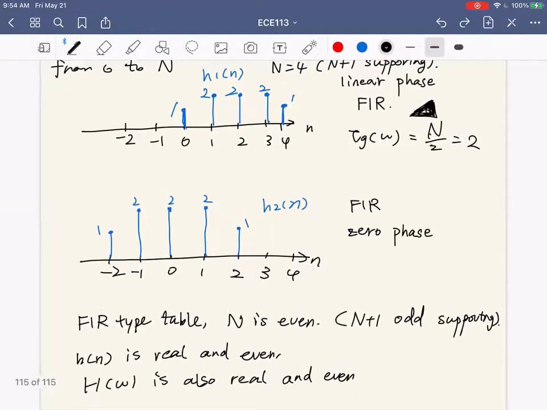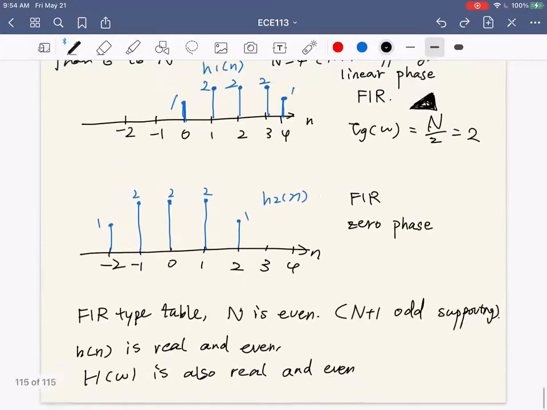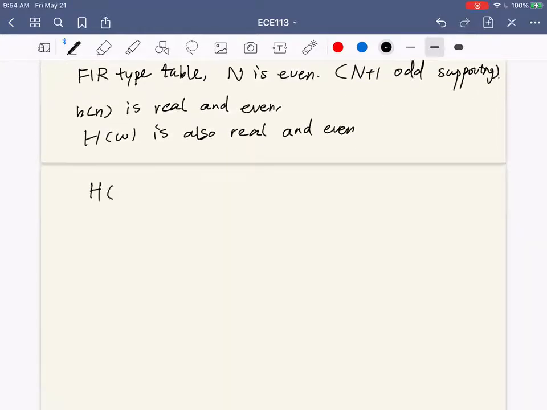And you ask if the big H is symmetric. So if your definition of symmetric is h of n equals h of minus n, I don't think it will stand. When we define the symmetric property, we give h of n equals h of minus n, right?